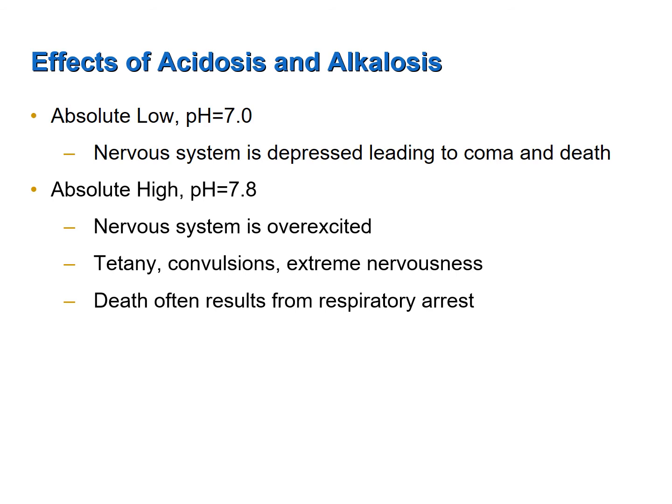As a result of that tetany, uncontrolled contractions of muscles, including the diaphragm, lead to respiratory arrest. If the diaphragm contracts and won't relax, you lose the ability to exhale. The result is loss of pulmonary ventilation, and therefore the inability to oxygenate the blood.